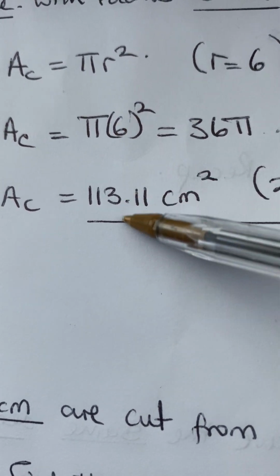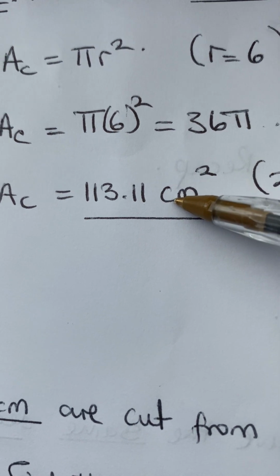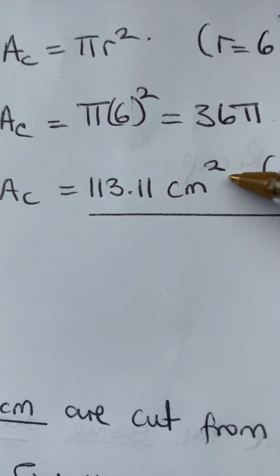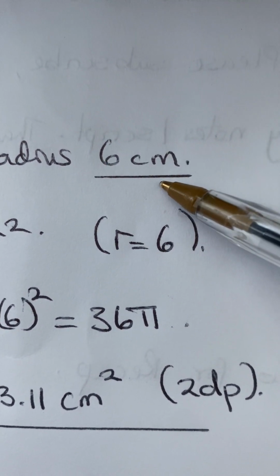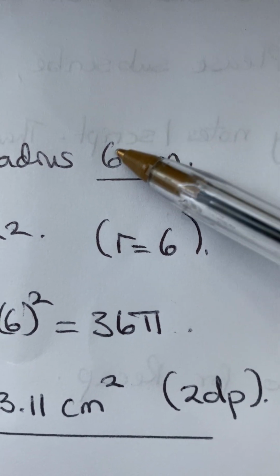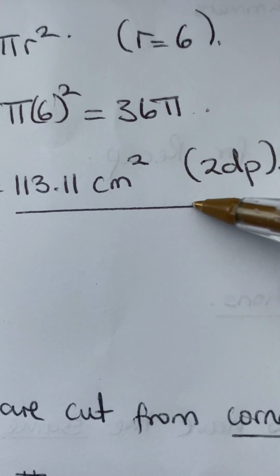This is to 2 decimal places. Please remember your units. Area is in centimeters squared, since the radius was given to us in centimeters.